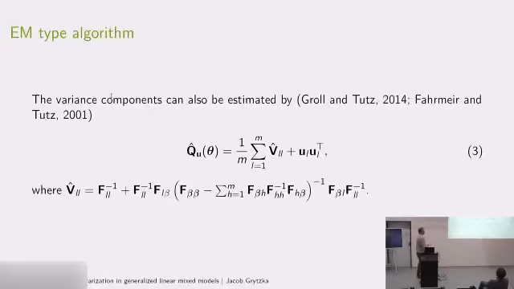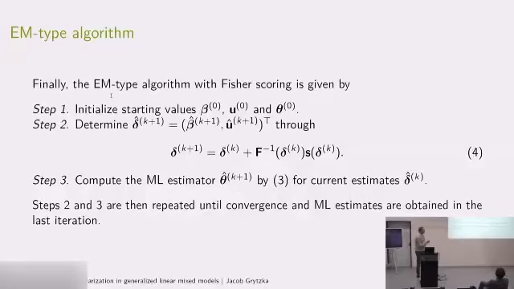On the other hand, we want to estimate the covariance matrix of the random effects, and for this we have this nice formula here. And then the classical way is we have some initialization values, and then we first iterate over this delta vector, which is the fixed and the random effects combined.